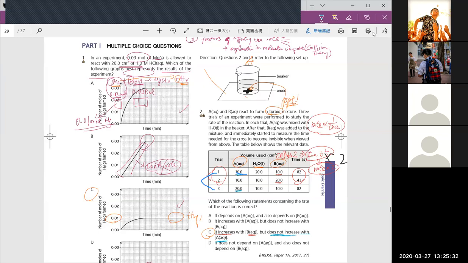For 1 and 3, can you see that only the molarity of A changes, while B is kept constant, by adding the volume of water in different amounts? You may find that the time is the same, which means there is no effect. So the answer is C.